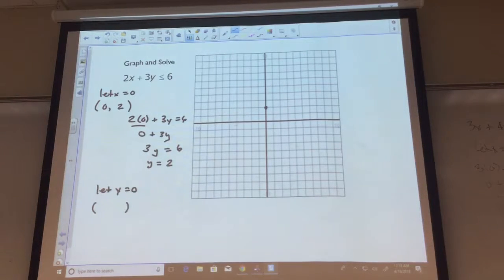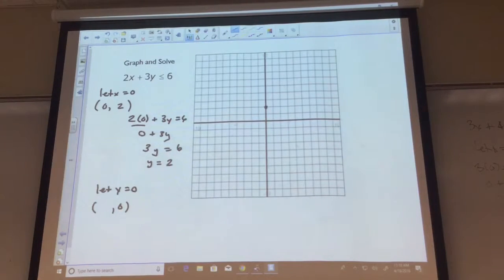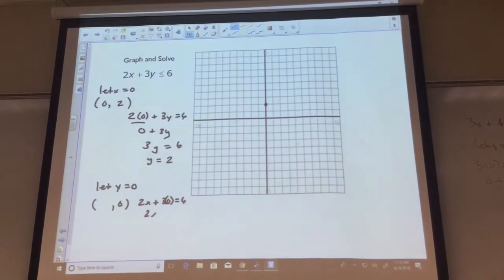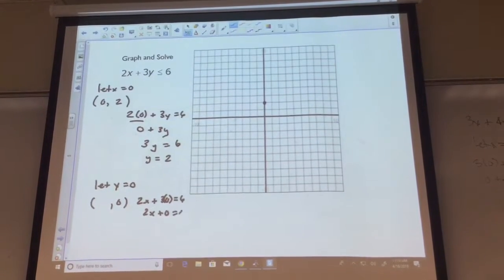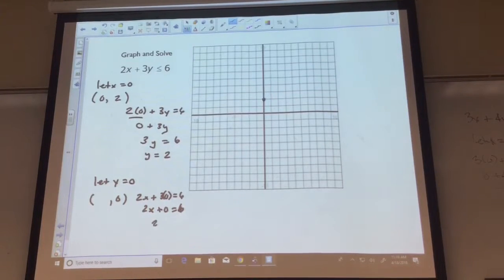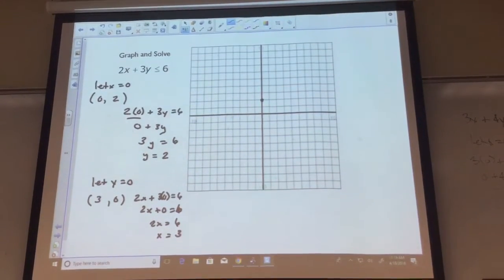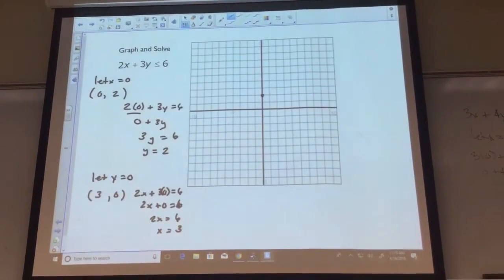If I let y equal 0, I'm going to have a 0 for that part of the problem, and once again it would be unnecessary to write it out, because I get 2x plus 0 equals 6. That leaves 2x equals 6, so x turns out to be 3. (3, 0) would be the second point that I would have to graph.